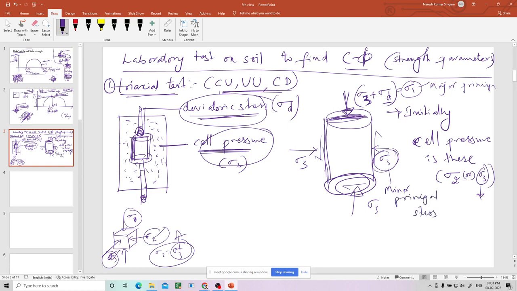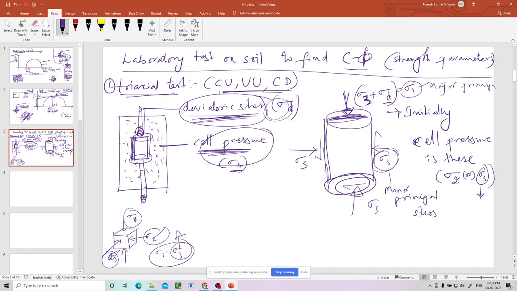Why? There is no shear stress on this also. And this plane is called the minor principal plane. So now whenever you are given in the question cell pressure, that is called sigma 3. Whenever you are given deviatoric stress, you can't take just sigma d. You have to add it to the sigma 3 which is given. Then you will get the major principal stress.